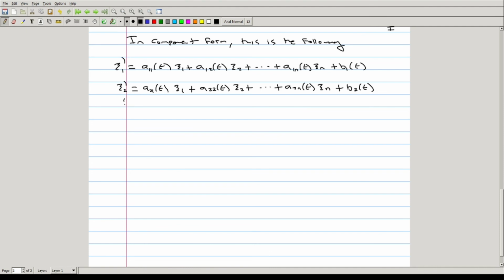And this continues all the way down until we reach xi_n prime is equal to an1 of t times xi1 plus an2 of t times xi2 plus, all the way up to ann of t times xi_n plus bn of t.